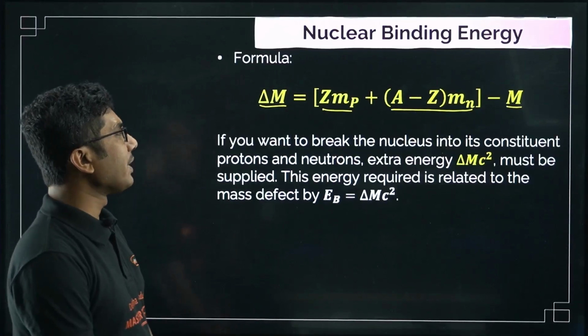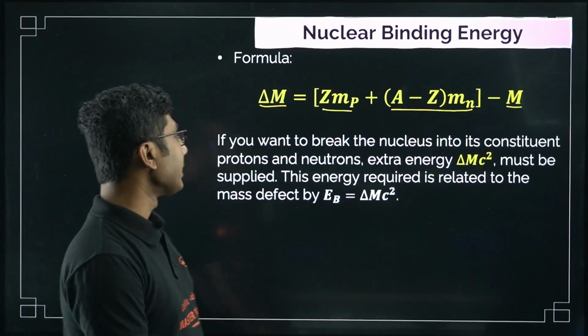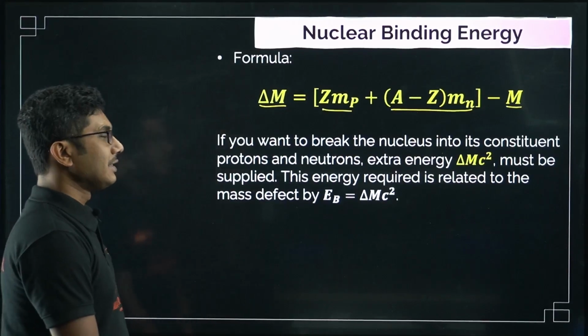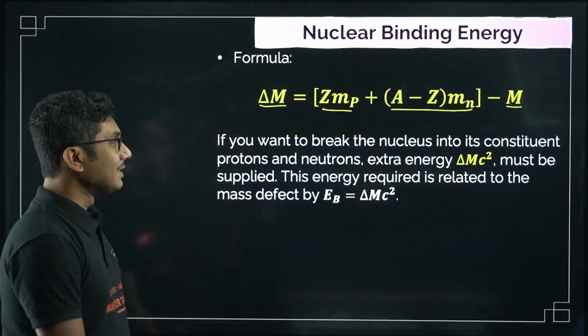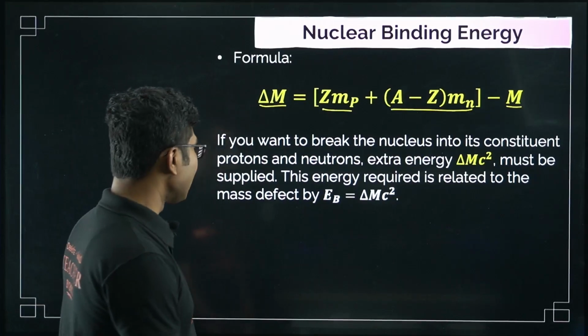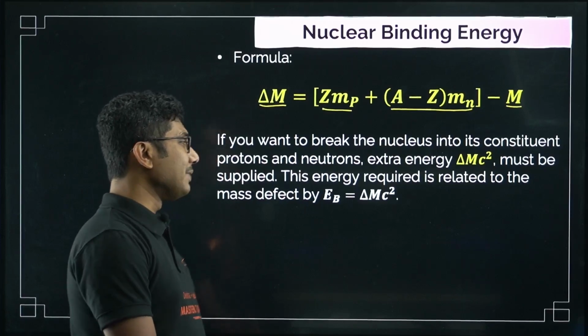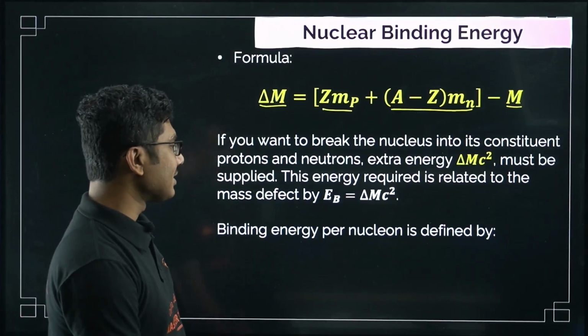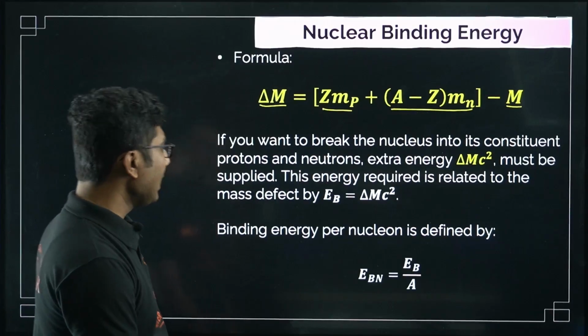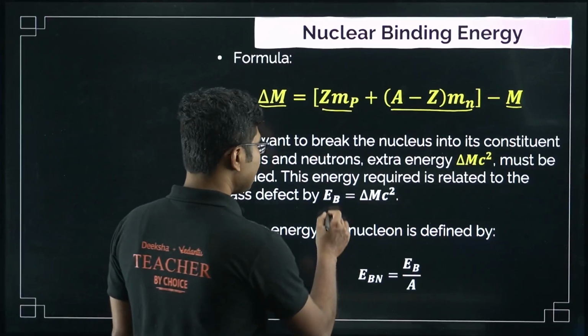If you want to break the nucleus into its constituent protons and neutrons, the extra energy Δmc² must be supplied. This energy required is related to the mass defect by EB = Δmc². This is called binding energy, obviously.